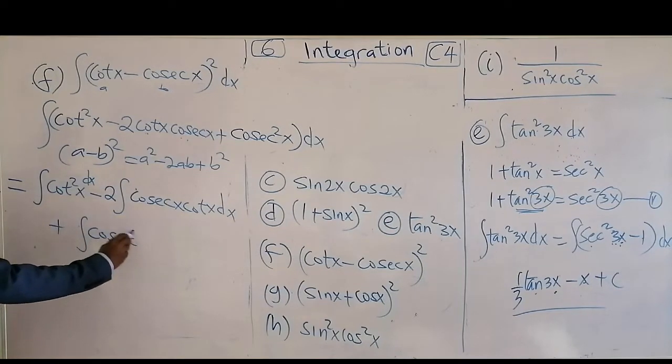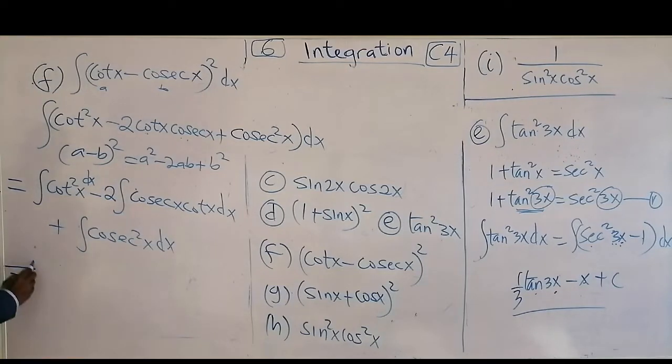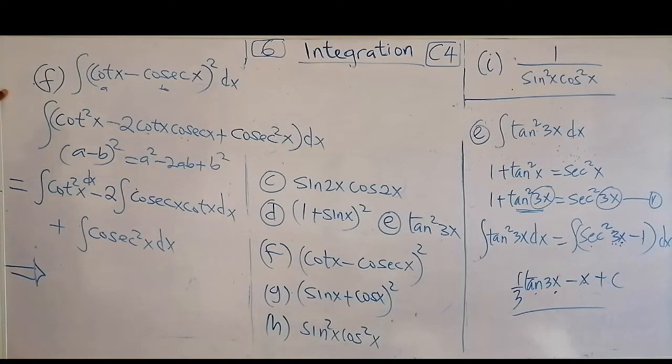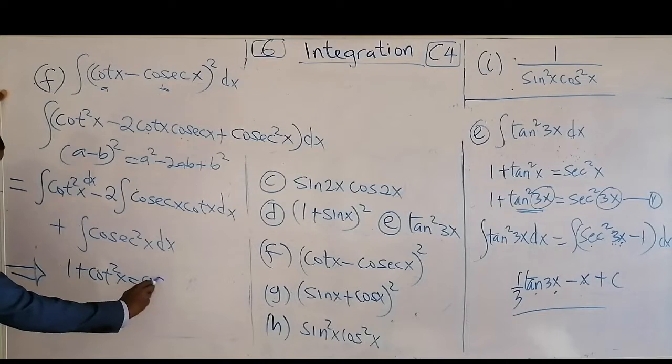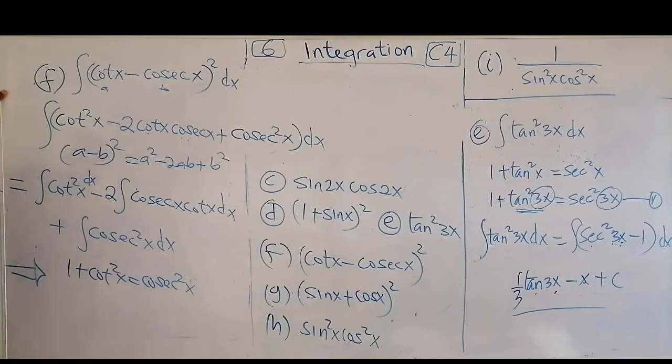So using the table, the integral of cot squared x, we don't have it, but we know that 1 plus cot squared x is equal to cosec squared x. We know that.